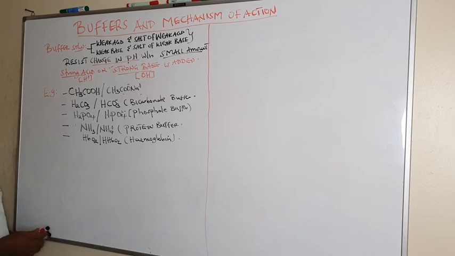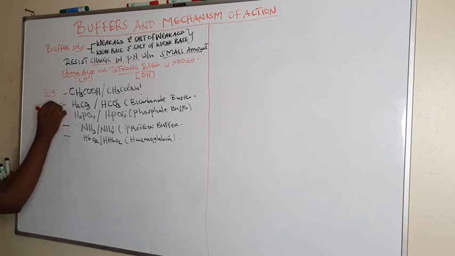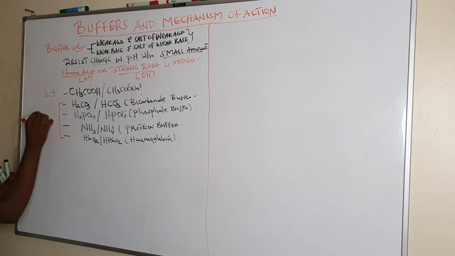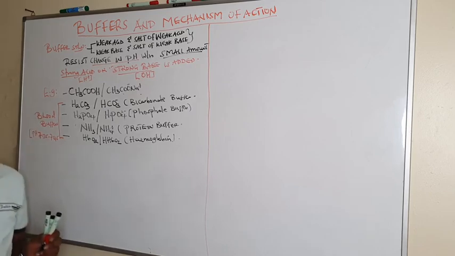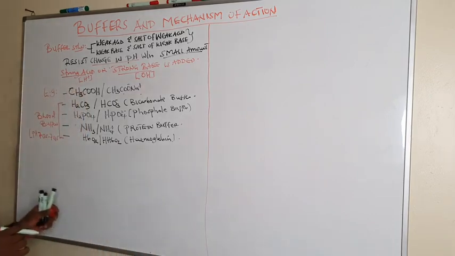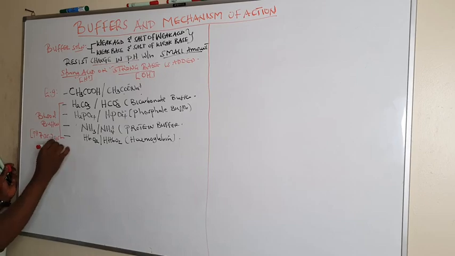And I want to tell you that these last four buffer systems are found in the body. These are known as blood buffers, whereby these buffers are the first line for maintaining body pH between 7.35 and 7.45.